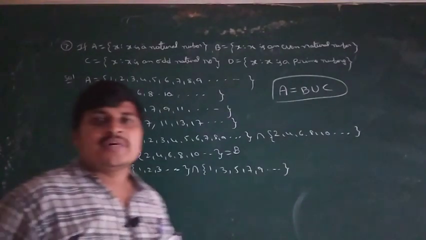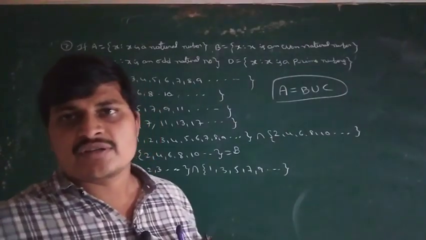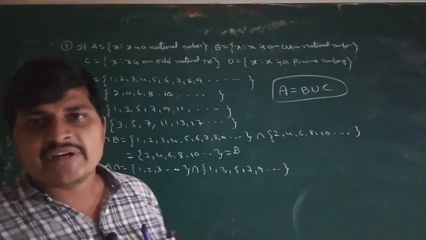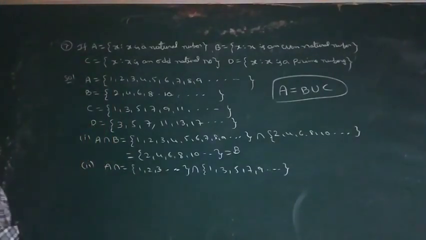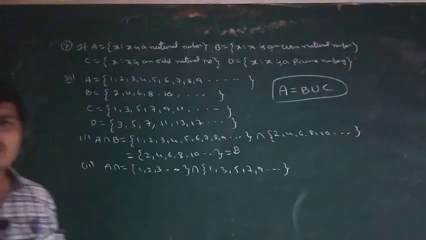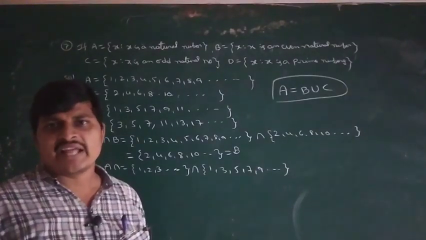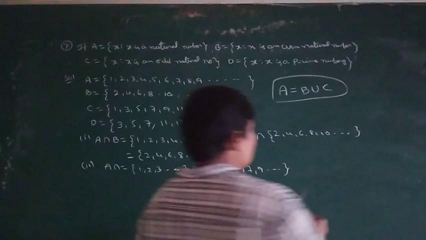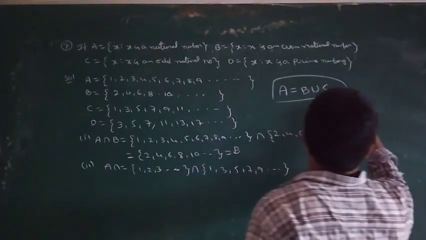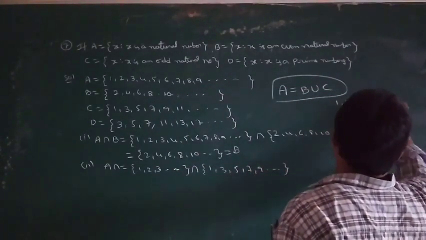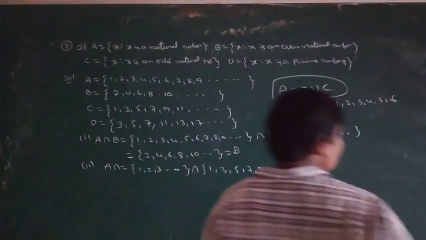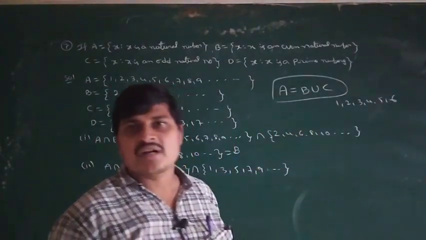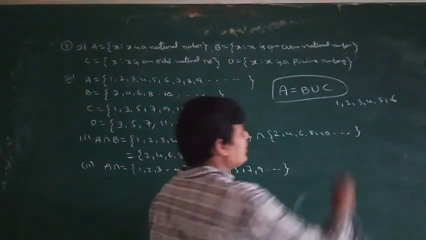What are the natural numbers? 1, 2, 3, 4, 5, 6 and so on, all numbers are natural numbers. The natural numbers are divided into two parts: of any numbers 1 to 10, half are even numbers, half are odd numbers. For example, 1, 2, 3, 4, 5, 6. How many numbers are there? 6 numbers. In 6 numbers, how many even numbers and how many odd numbers?